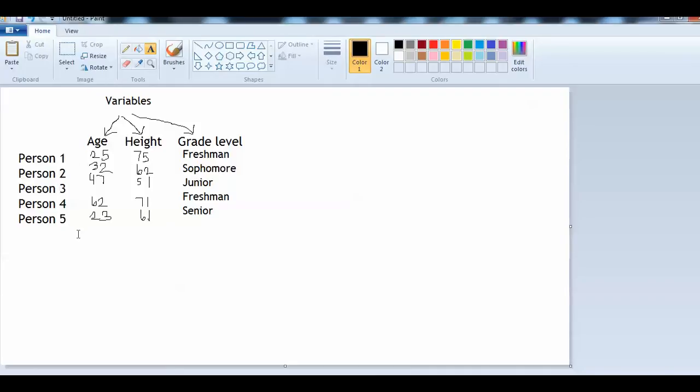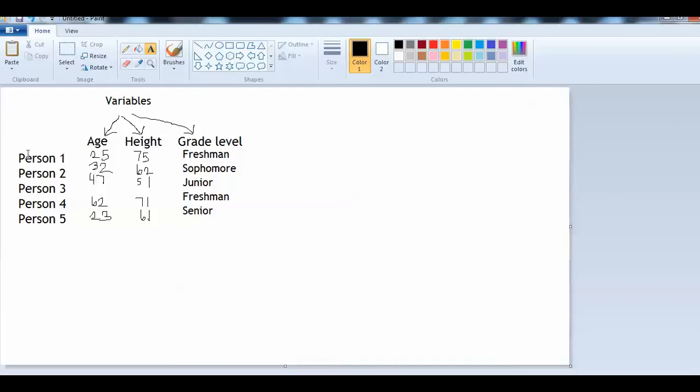We can see that all the data that we've ended up recording is starting to look like a spreadsheet in Excel with rows and columns. So if you imagine a spreadsheet with data entered into it, each row is a participant, because each row has data from different people.